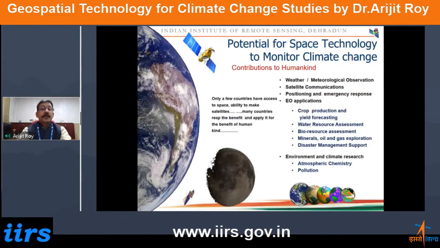So when we talk about space technology which can be used to monitor climate change, what can space technology or Earth observation systems provide? They help us to observe the weather conditions, the meteorological observations.